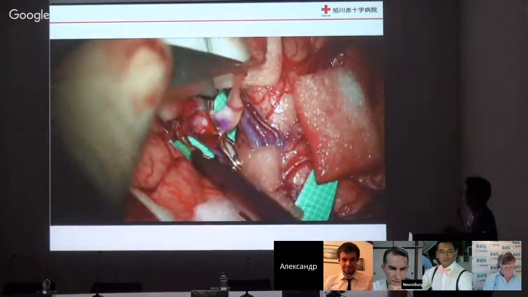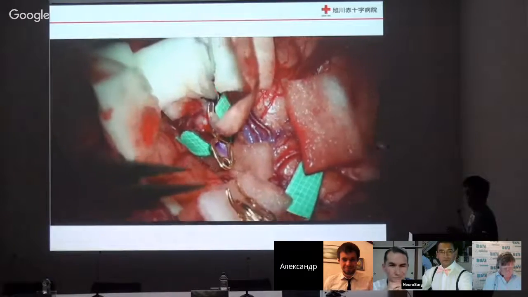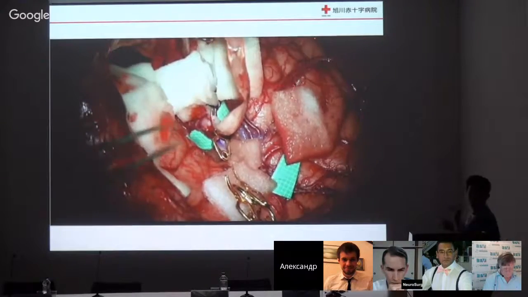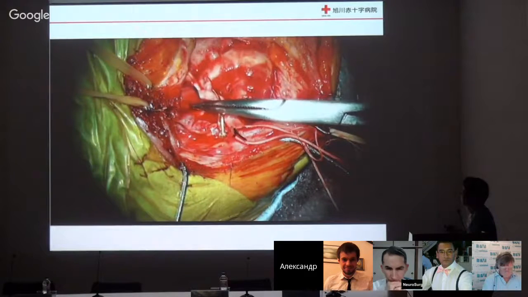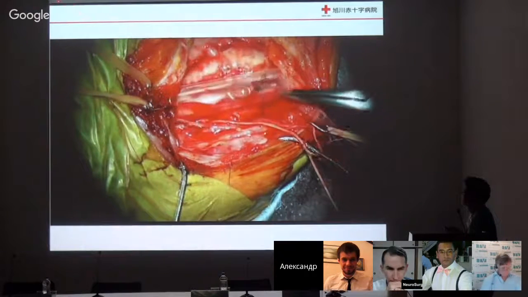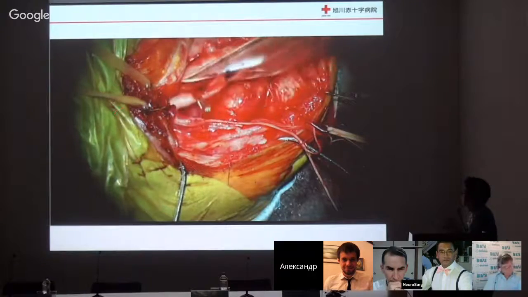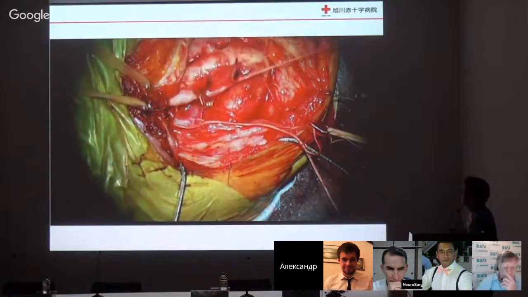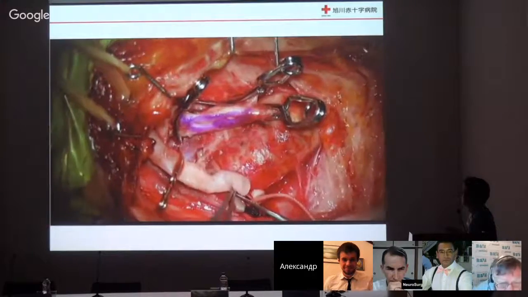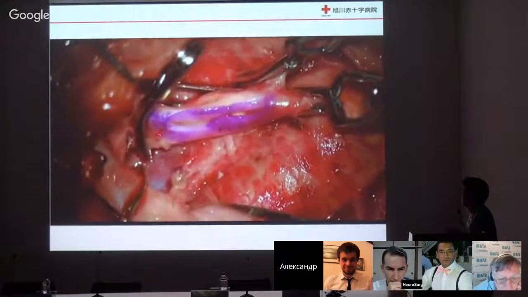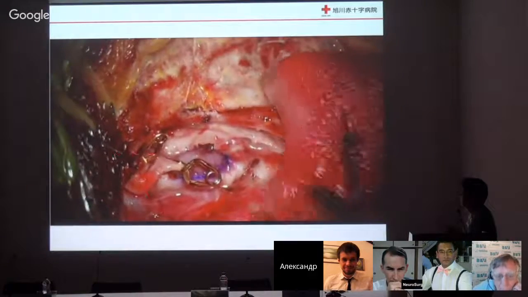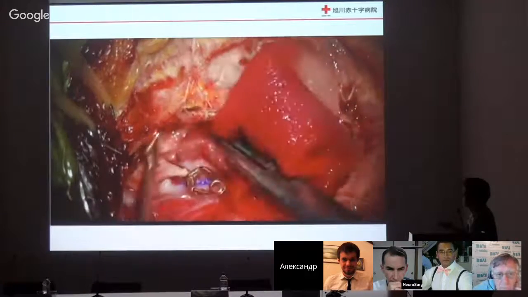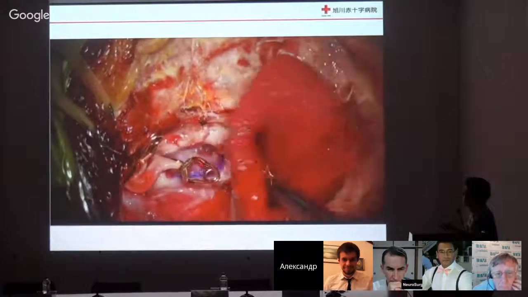M2 RA graft first. You can never start with ECA RA. Then take off the chest tubes, then perform the ECA-RA anastomosis.